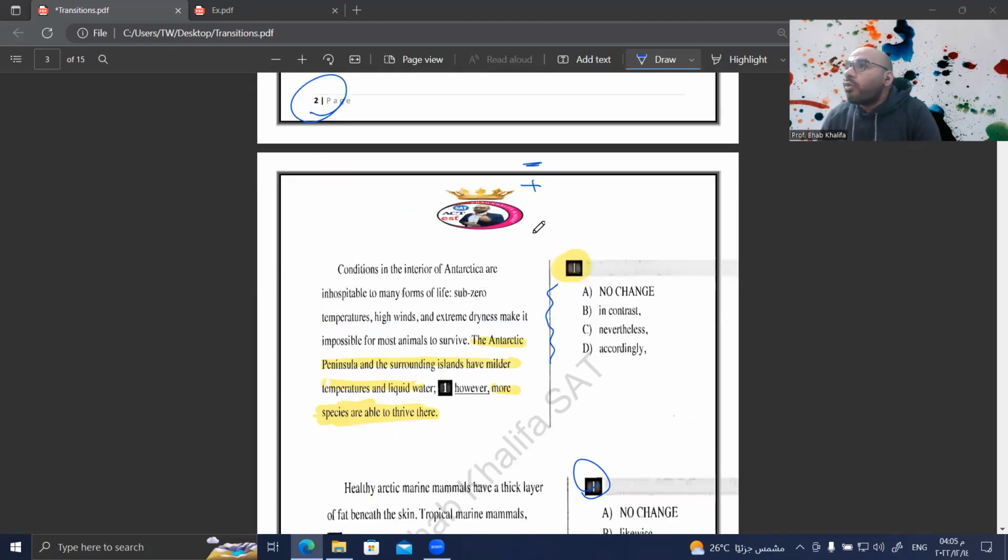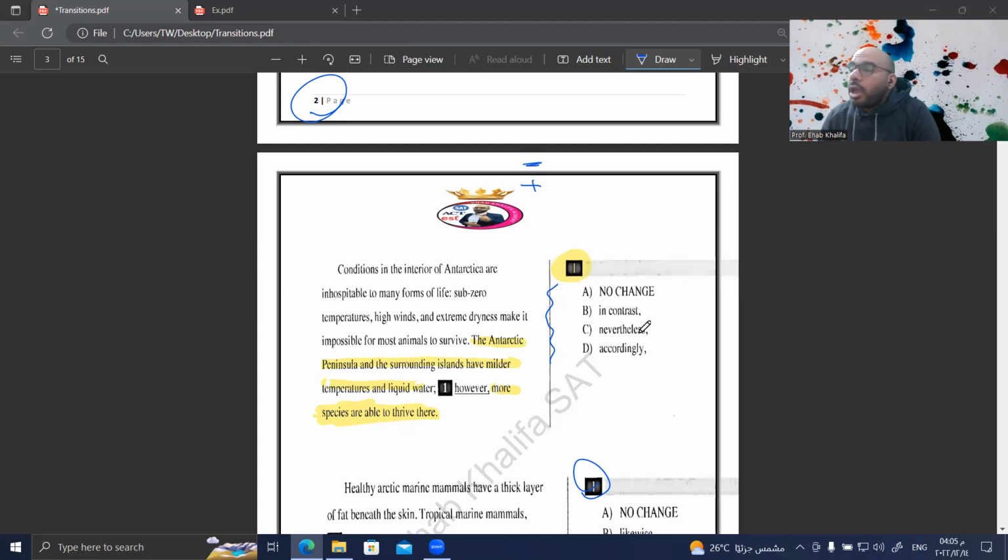Lujaina Khalid, switch on the microphone. Yes, mister. You choose B, Lujain, right? Yeah. In contrast, what does in contrast indicate in English? Continual or contradictory or cause and effect?